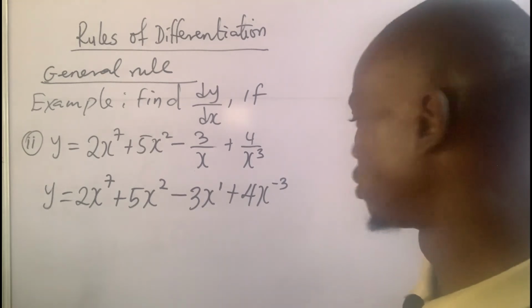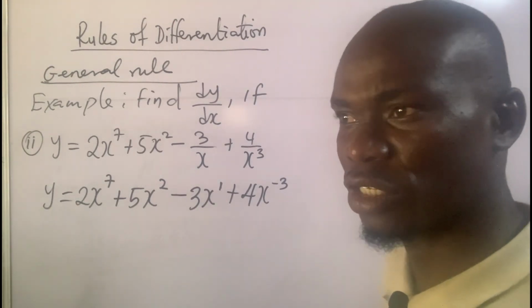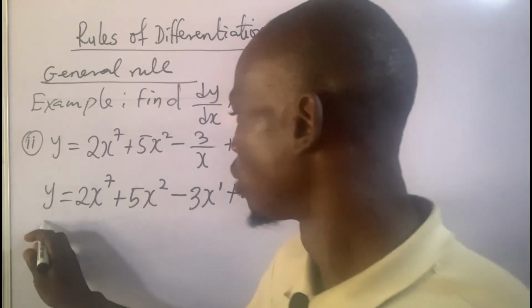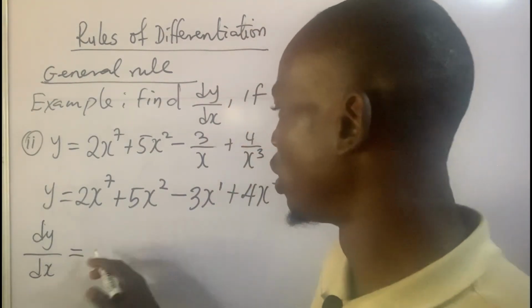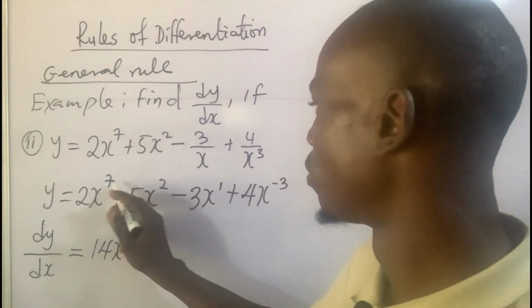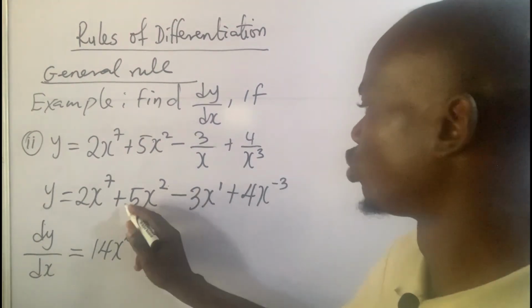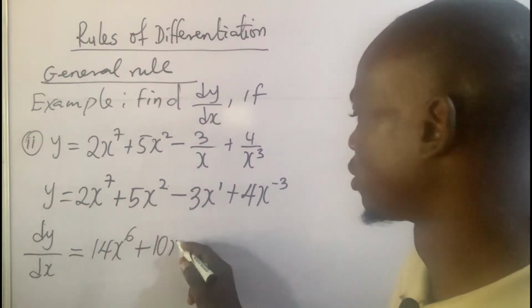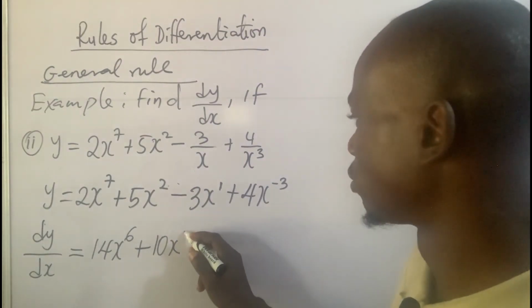With that in mind, we can go ahead now and apply our general rule of differentiation. So if we do that, we have dy over dx equal to 7 times 2, which gives us 14x, minus 1 from the power, you have 6. Plus 2 times 5 gives us 10x, minus 1 from 2, you have 1.